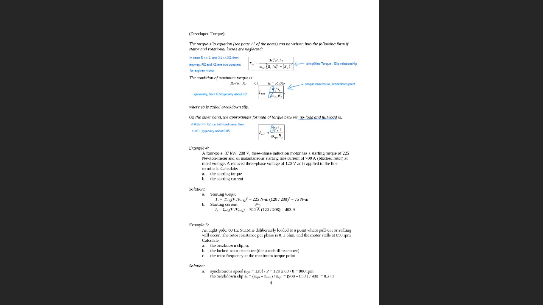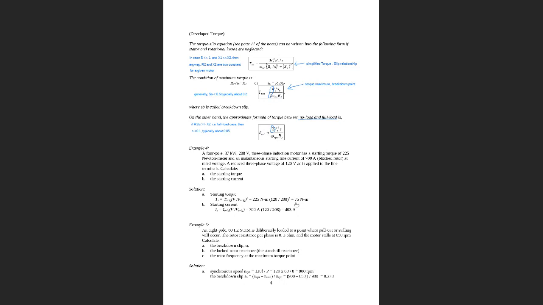The original value at 208 volts is 225 Newton meters. Now the voltage is down to 120, so the new starting torque will be proportional to the square of the voltage ratio. So the new starting torque will be 75 Newton meters.